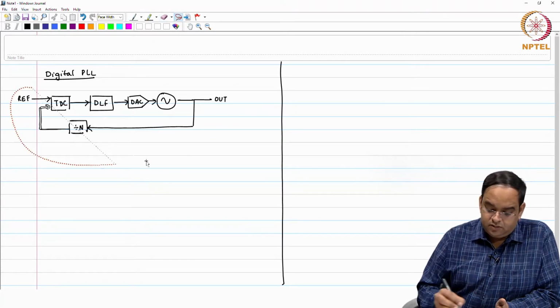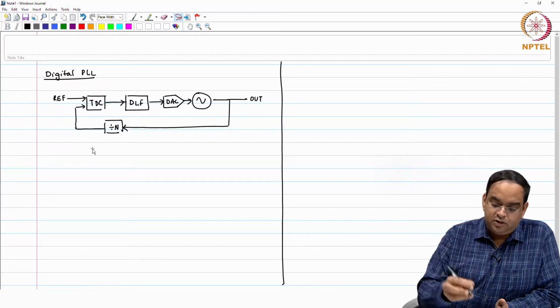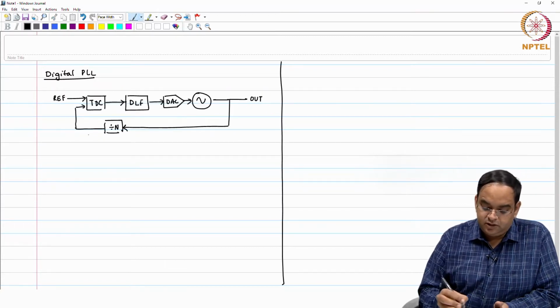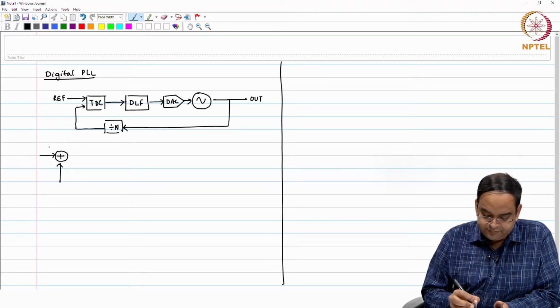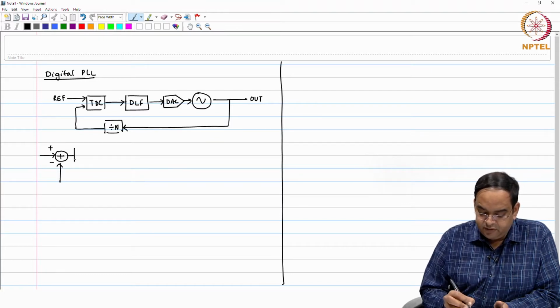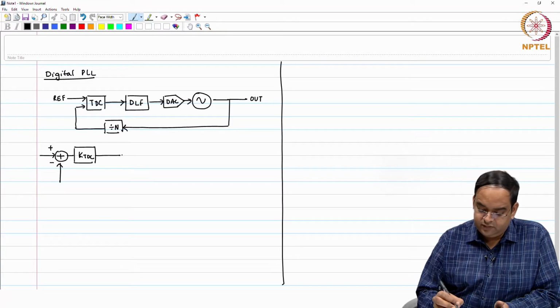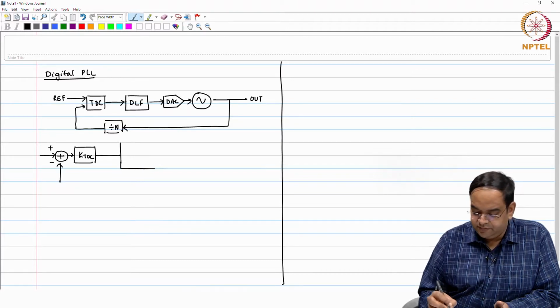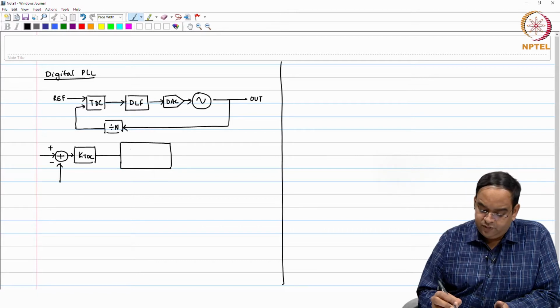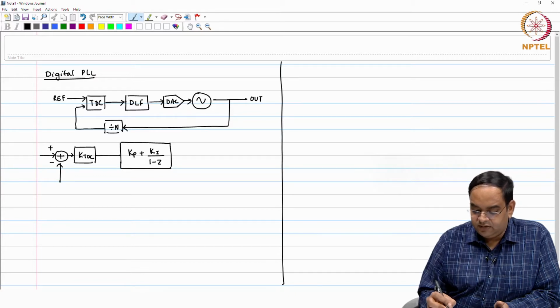Now, the small signal model of this particular PLL was shown like this. You have error for the TDC defined by the gain KTDC. Output of this TDC goes to the digital loop filter whose gain in Z domain was Kp plus Ki divided by 1 minus Z inverse.